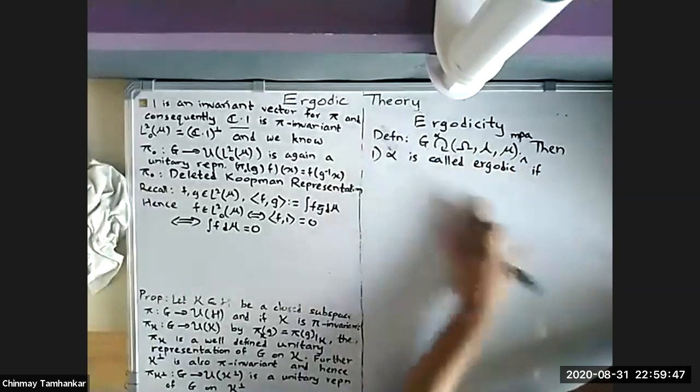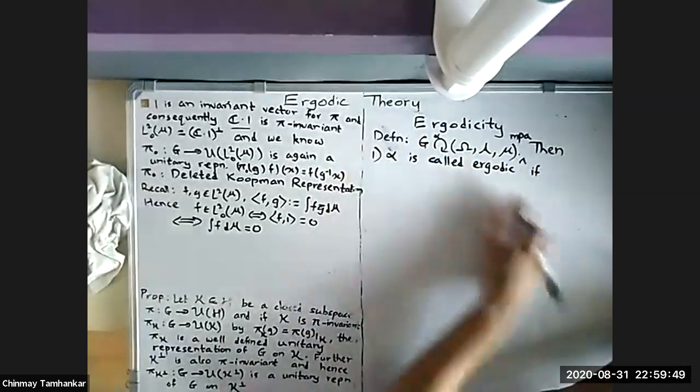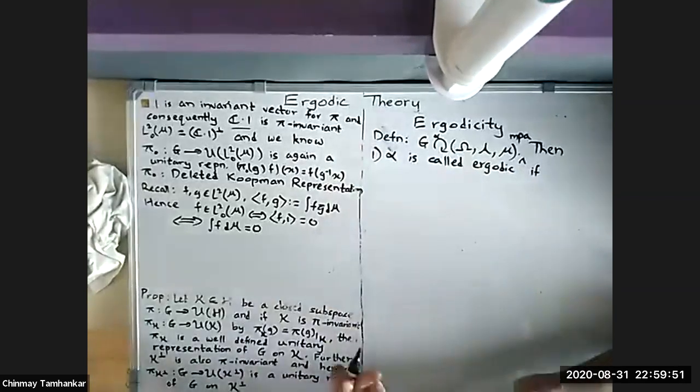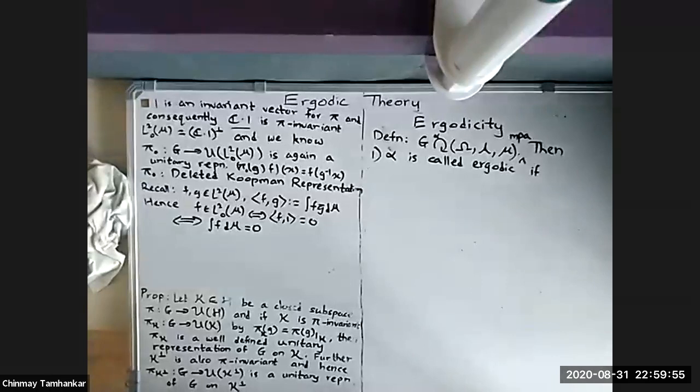We defined ergodic as: we take any measurable subset which has non-zero measure, then its orbit under the action of G will almost be the whole of omega.